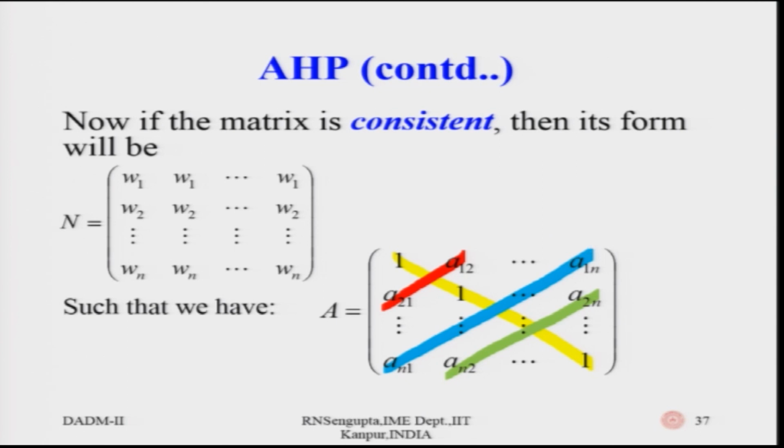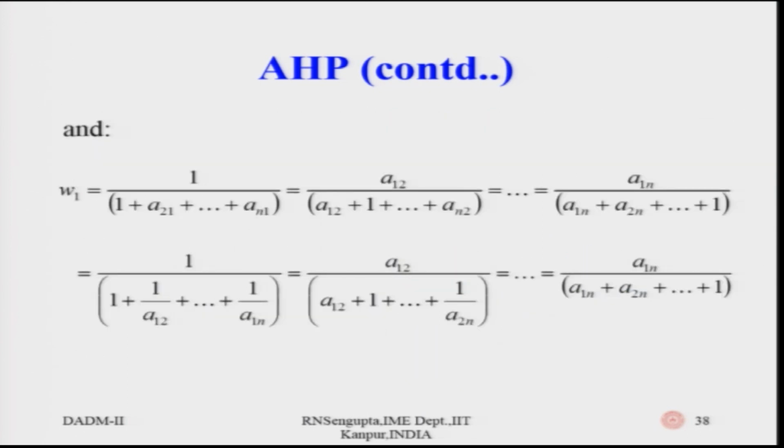This is the priority vector. If I find out the weights, the weights would be the ratio of the sum of the corresponding rows of the columns, and correspondingly the weights W1, W2, W3 will be found out accordingly.